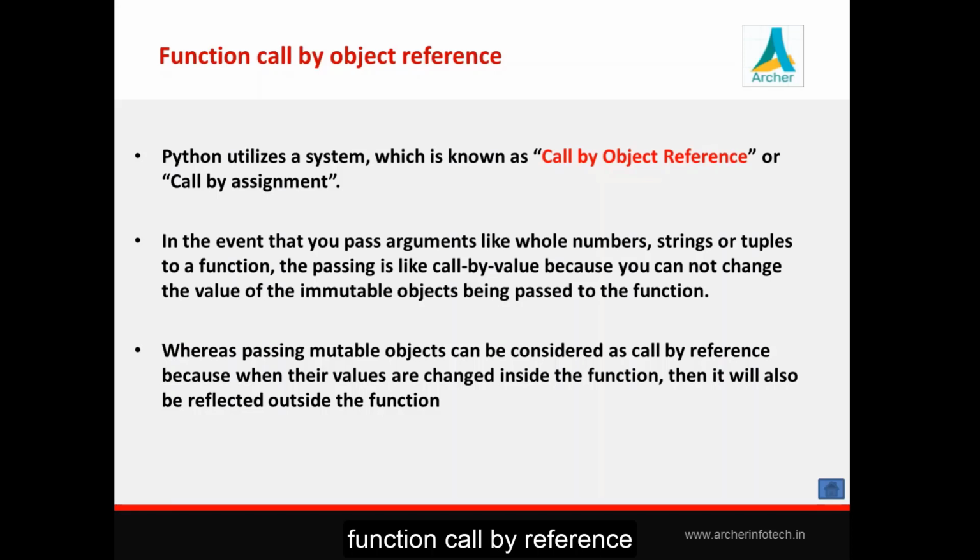Like we have seen, strings are immutable, integers are immutable, float values are immutable, and list, tuple, set are mutable objects. So immutable objects are passed to the function as call by value.